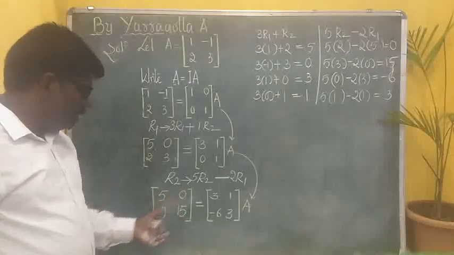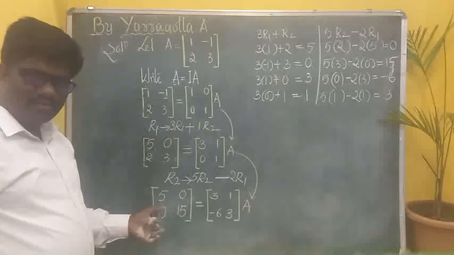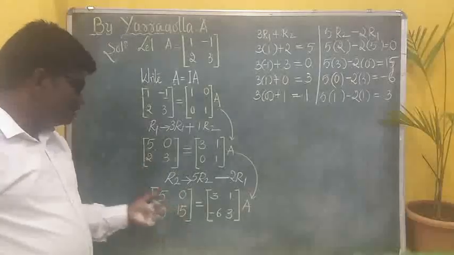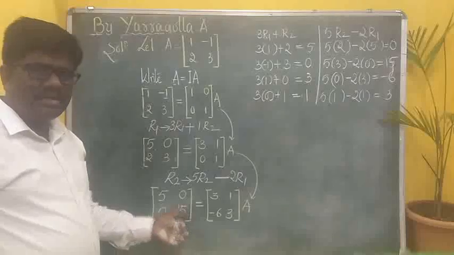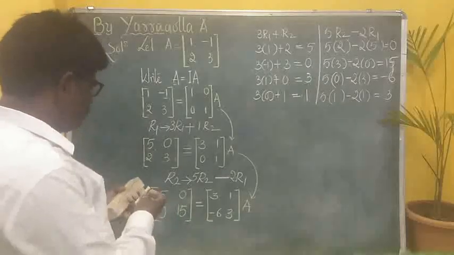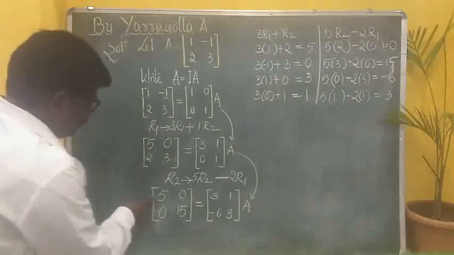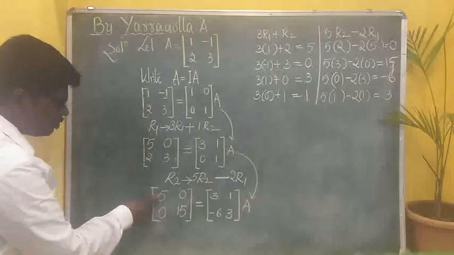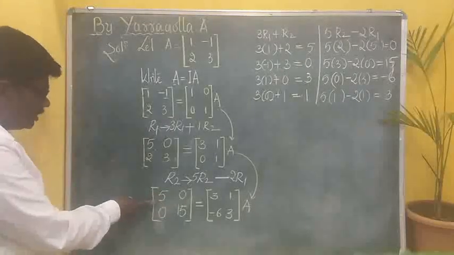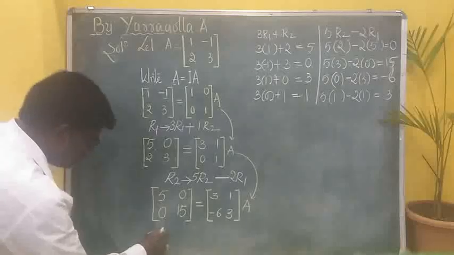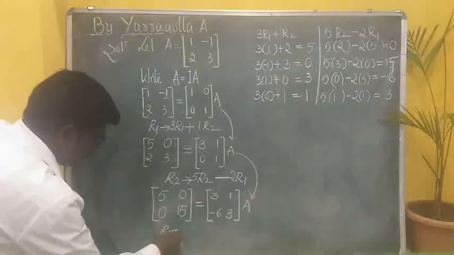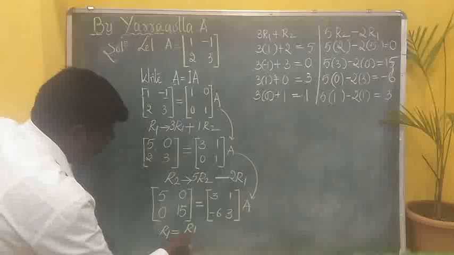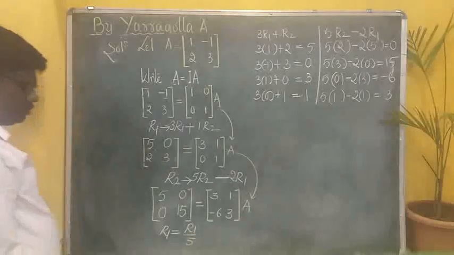That means already we made these as zeros. Next our target is to make these as ones, right? So it is very simple to make these as ones. See, if you divide this first row by 5, automatically this will become 1. So that means R1 must be R1 divided by 5.